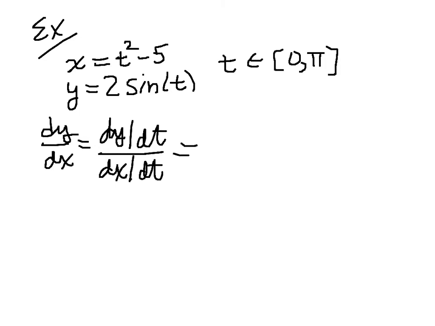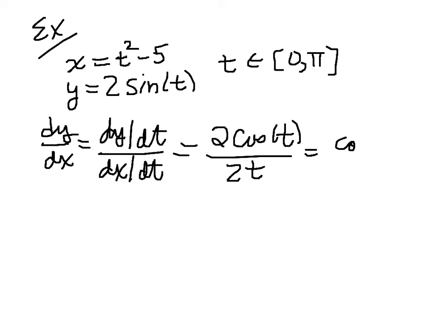Dy dt is 2 cos of t over dx dt is 2t, and so what we get is simply cos of t over t. And notice that our derivative of y with respect to x is in terms of t. And maybe we could eliminate the t's and maybe we can't. But what this does is tells us what the derivative is, what the slope of the tangent line is at any particular value of t on the curve.